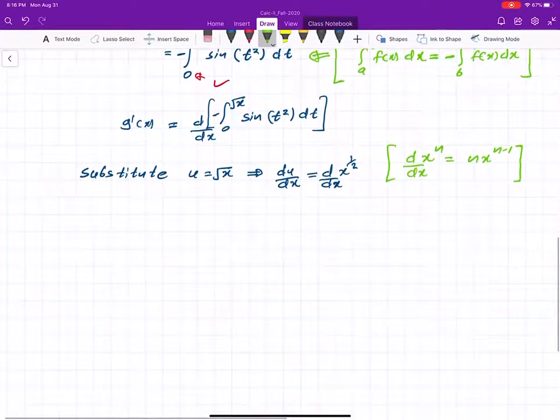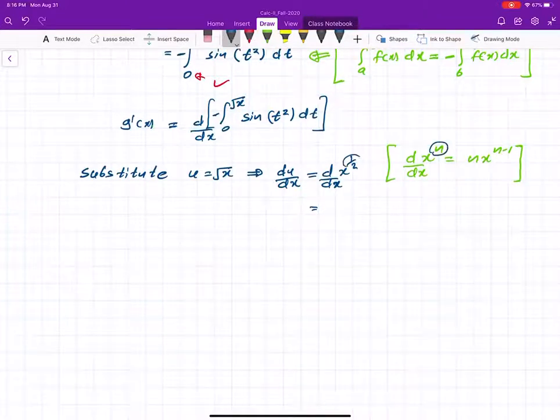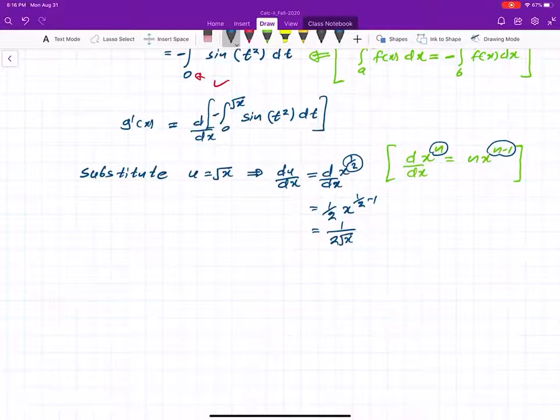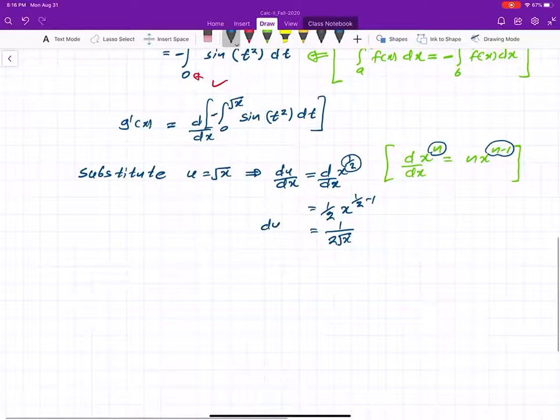Here you have n as half, so you write half x to the power n minus 1, where n minus 1 is half minus 1. Then this should be 1 over 2 times the square root of x. That is actually du over dx.